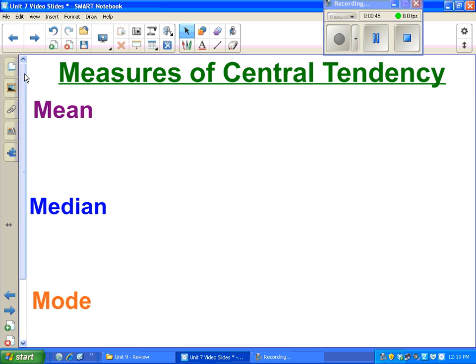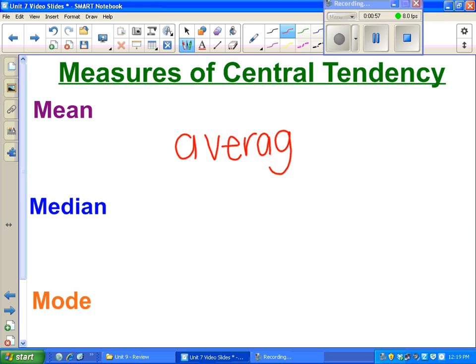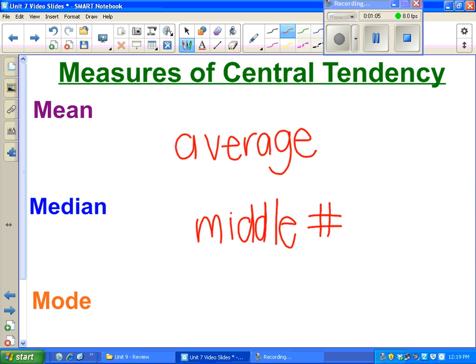Then we went in and talked about the measures of central tendency. These you must know. You must know there are 4 of them. They're the mean, the median, the mode, and the range. The mean, remember, is the average. That's where you add up all the numbers and divide by the number of numbers. The median, that's your middle number. Remember, your data must be in order to identify what the middle number is.